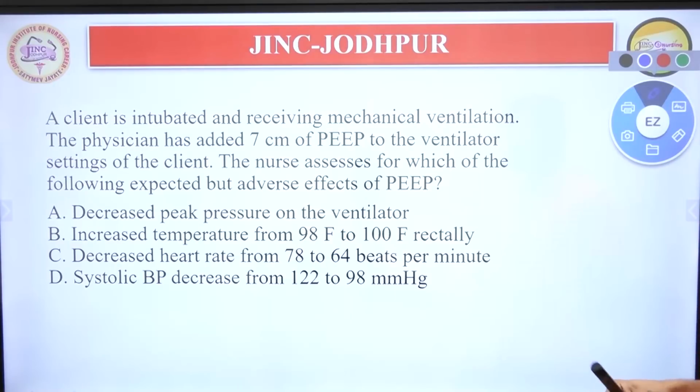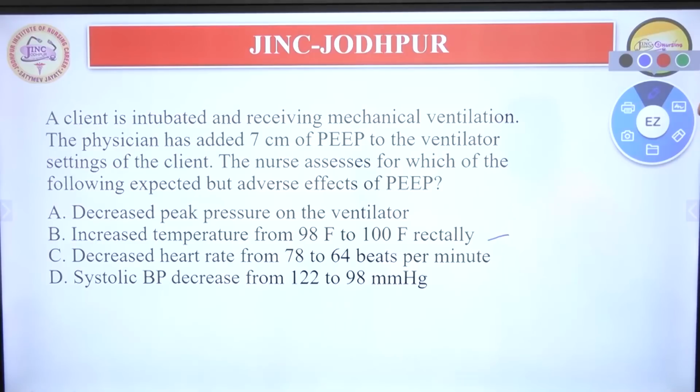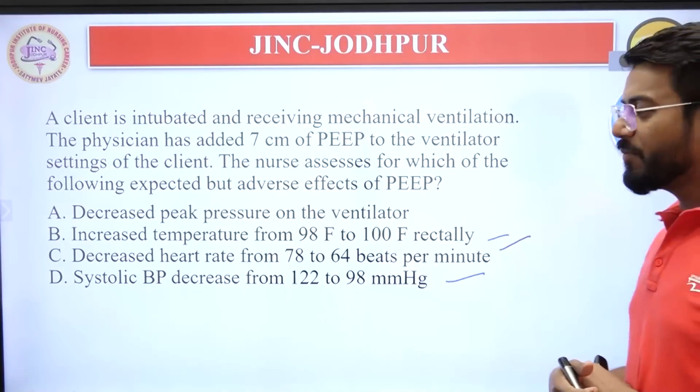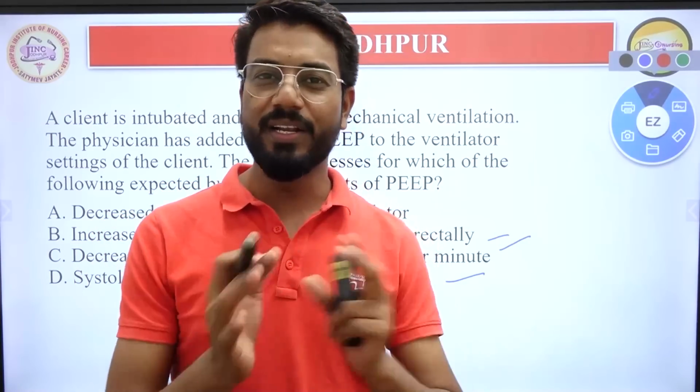B. Decrease the temperature from 98 degrees Fahrenheit to 100 degrees Fahrenheit rectally. C. Decrease the heart rate from 78 to 64 beats per minute. Or D. Systolic BP decrease from 122 to 98 mm of Hg. So what is the question asking you? It is related to PEEP.